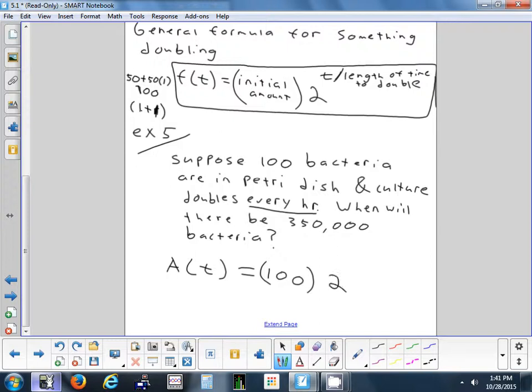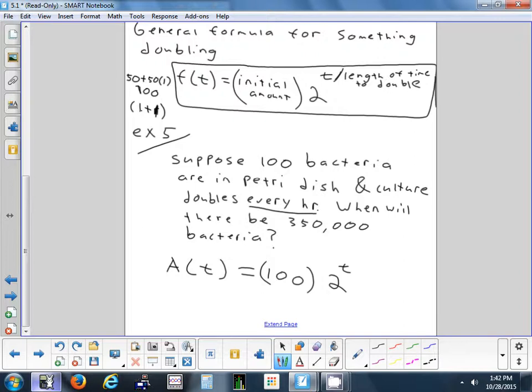Yep, 2 to the what's the exponent on 2? Yeah, just t. And in this case, we'd have to divide by the length of the time to double, but it's happening every 1 hour. So length of time to double is 1. Okay, so it's just t over 1.